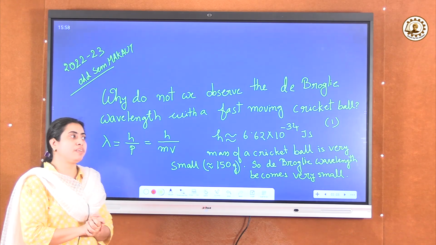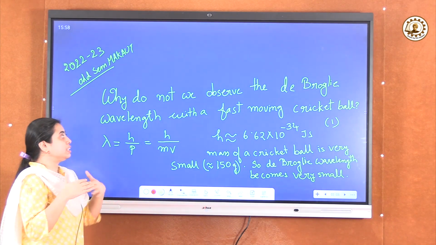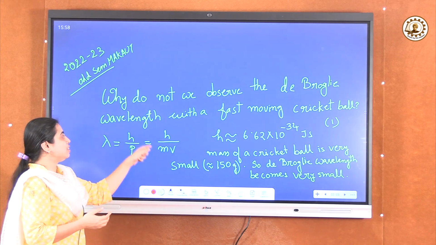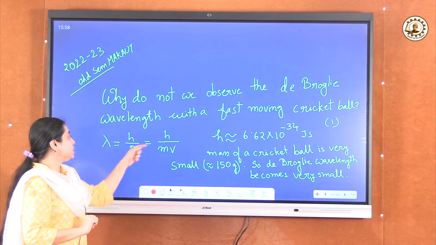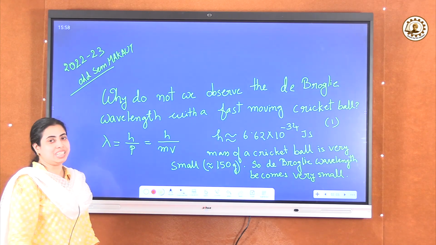Now be very careful in answering it, because at the end you may see another question: if instead of a cricket ball it is an electron, can you observe it? Yes. Why? Because the electron's mass, as I already said, is 9.1 into 10 to the power minus 31 kg.